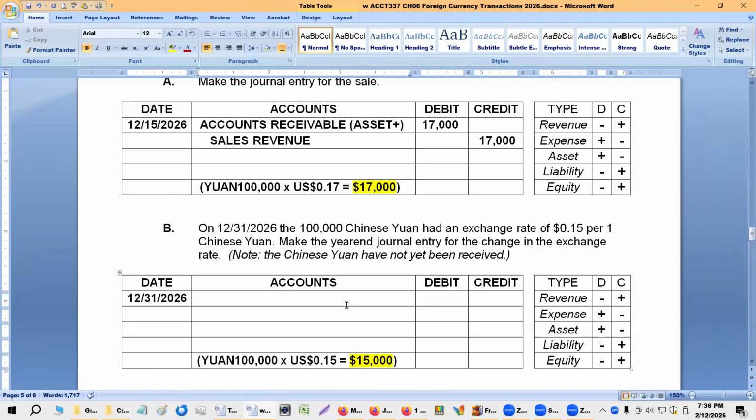Now we have to reduce the accounts receivable, right? So accounts receivable is going to go down by 2,000. And yes, this will be a translation loss.